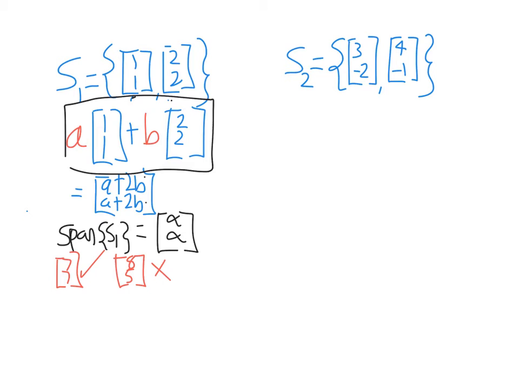I can't write this vector as a linear combination of the two vectors in S1 because it doesn't have the same x and y value. So the set S1 does not span R2. It doesn't span as much as it could. The reason for this is that the two vectors are not linearly independent.